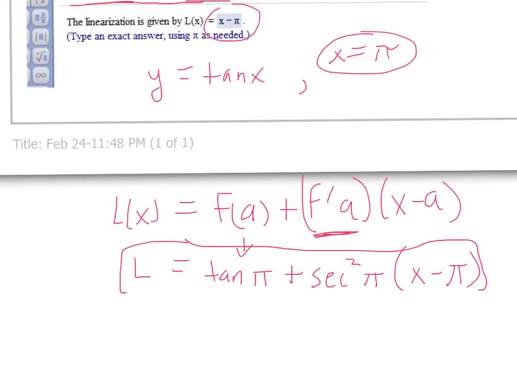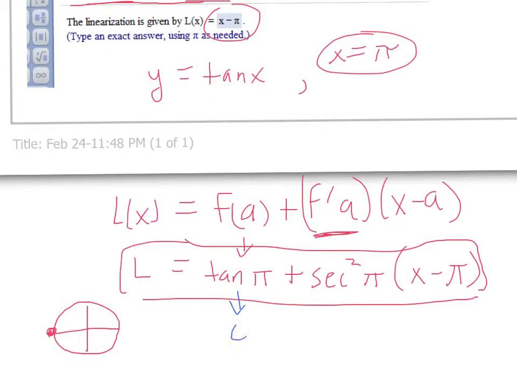So let's scoot that on down. Now you're thinking back to your unit circle in trigonometry, and hopefully you're remembering pi is over here. So tangent of pi is going to be what? 0. Okay, so this will come to be 0. Secant really means 1 over cosine, so you're looking at 1 over cosine of pi, whole thing squared, or 1 over cos squared pi.